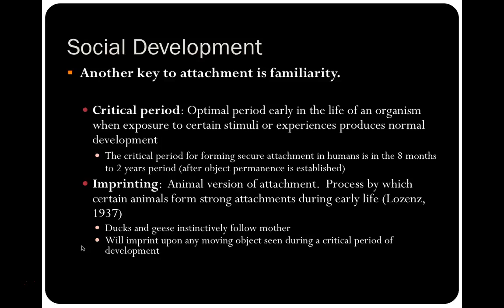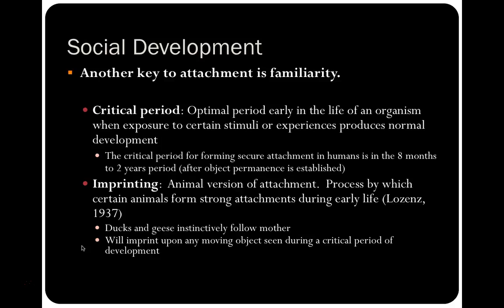Before that time, there's not really total object permanence. Attachment probably isn't happening. After that time, after the child is about 2 years old at the oldest, if there hasn't been this kind of bond or attachment formed, it's going to be very difficult for that to form. The critical period for that is past.